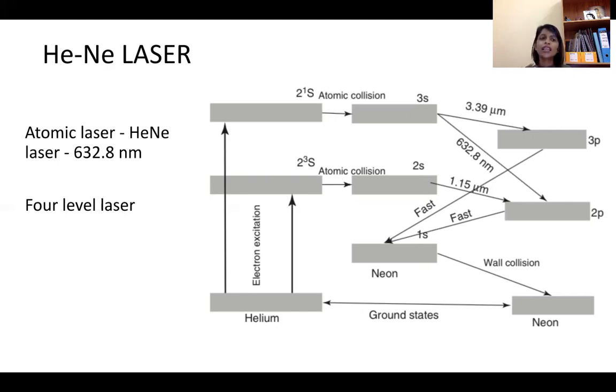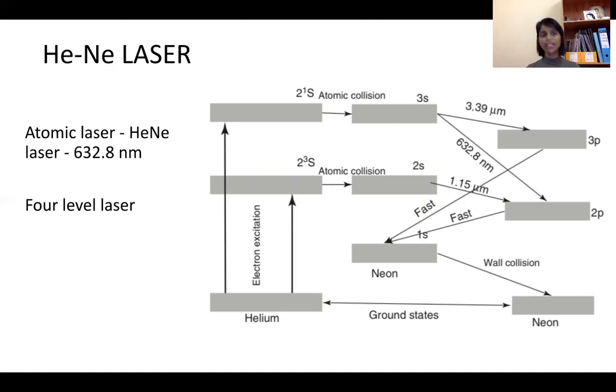If anyone asks you what the helium neon laser does, out of curiosity, whether helium and neon are both in the lasing action? No. Helium is just an intermediate agent that supplies energy to neon so that neon can do the lasing action.